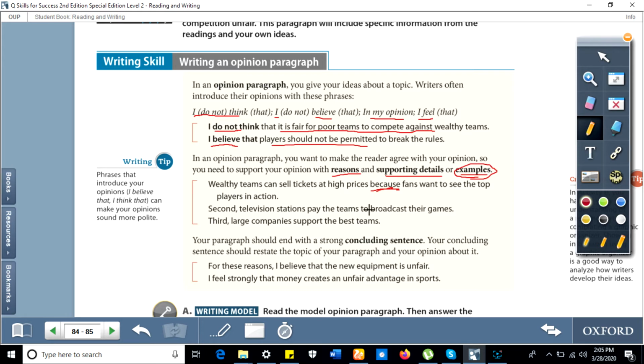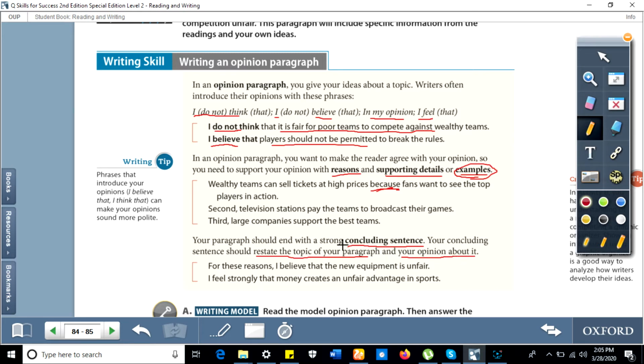When you write your opinion paragraphs, they should end with strong concluding sentences. They should, right? And in the concluding sentence, you should restate the topic of your paragraph, right? And your opinion about it.